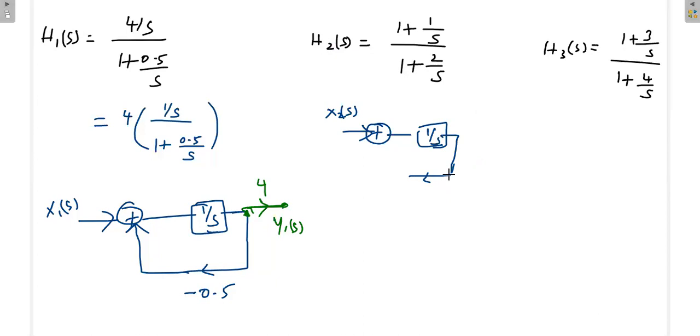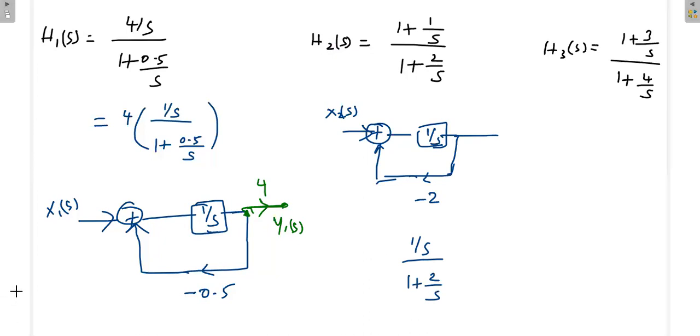Then if I am using the minus 2 here, it will go like this. Then the output will be g divided by 1 plus gs, that means 1 by s divided by 1 plus 2s.